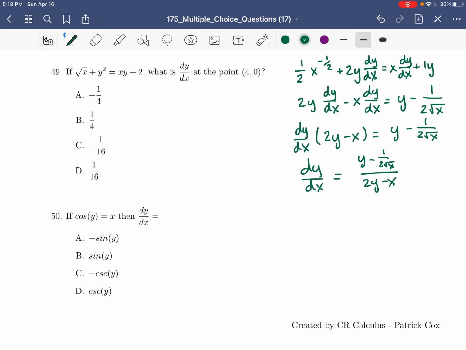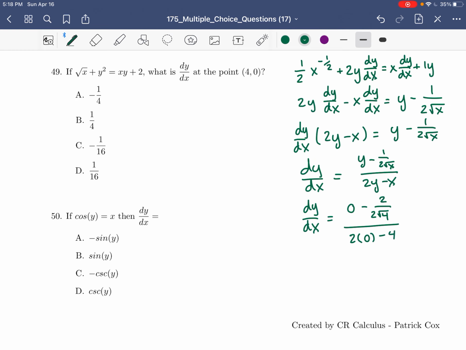They wanted us to find this at the point 4, 0. So now I have to plug in all the x's are 4's, all the y's are 0. So y is 0 minus 1/2 root 4 over 2 times 0 minus 4.